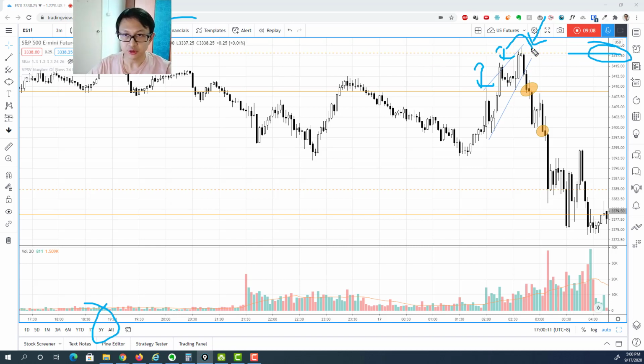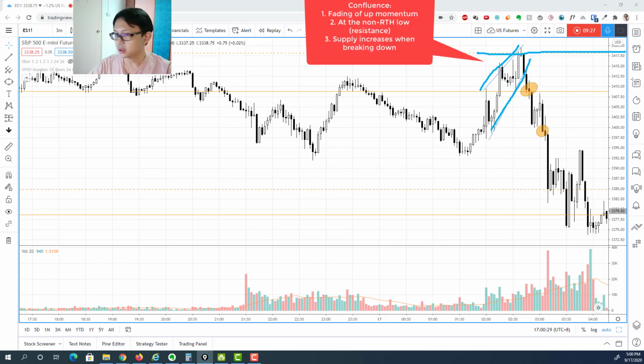Everything seems in place very nicely, and there is a lot of confluence. First thing is the level, second is the losing of the up momentum with the rising wedge, and the third thing is the supply level.